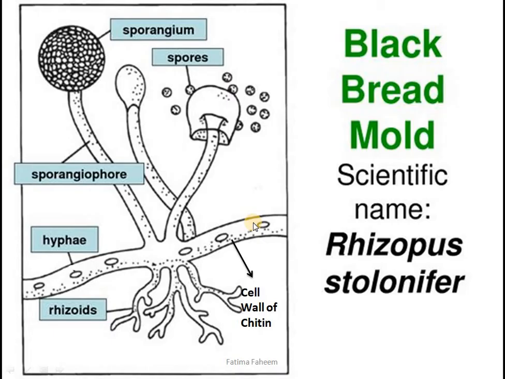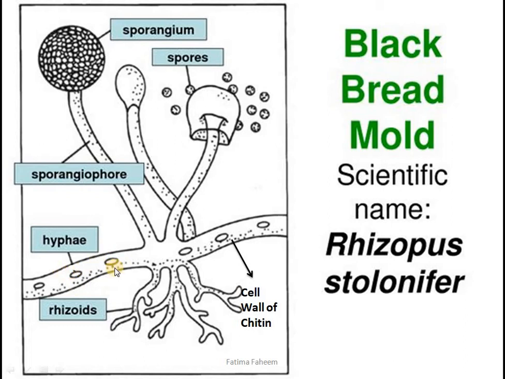Here again I have tried to show you the structure of bread mold or Rhizopus stoloniferum. If you see here, in the hypha, the nuclei are lying suspended in the cytoplasm. There are no partition walls or specific discrete cells.